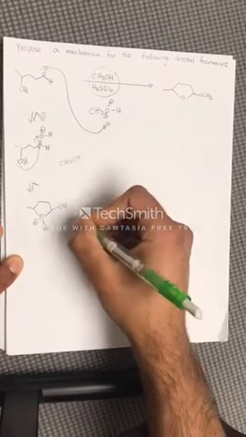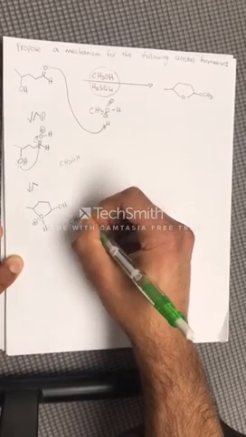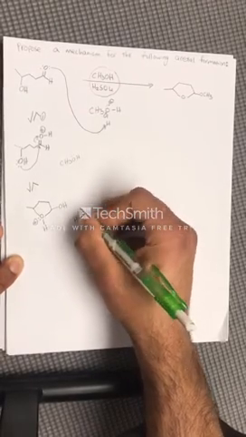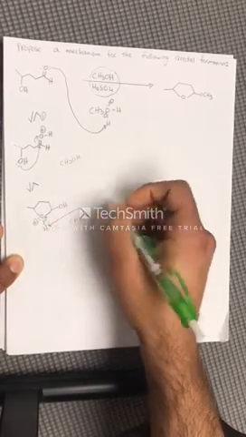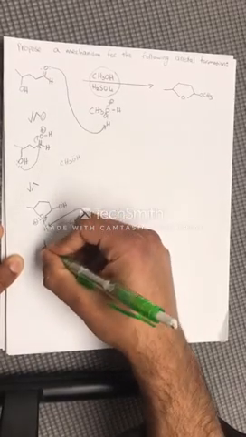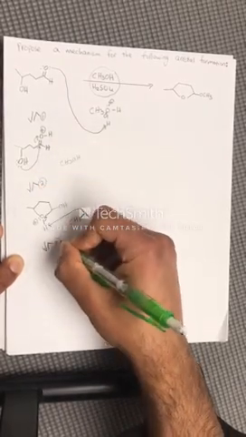Oxonium ion, then the methanol will extract the proton, deprotonation, putting the electrons back onto oxygen, and you get, this is step 2, step 3.